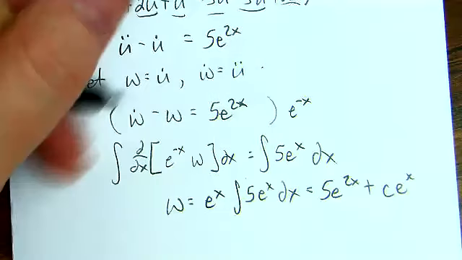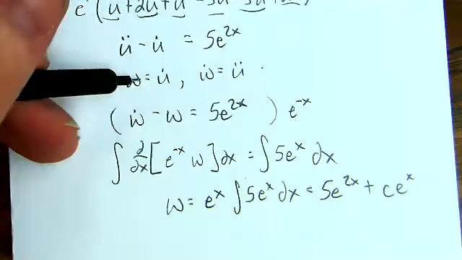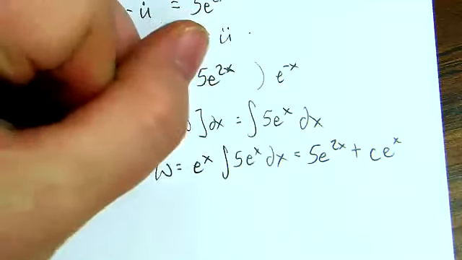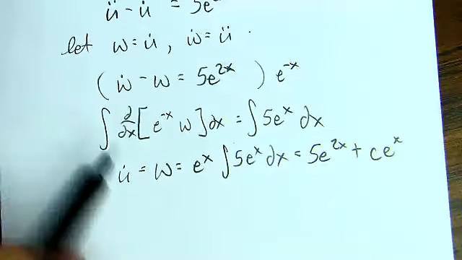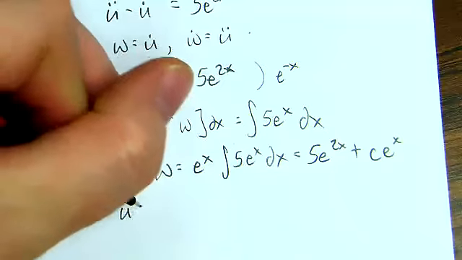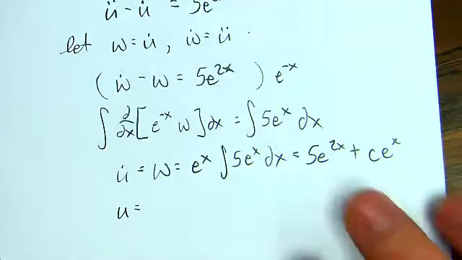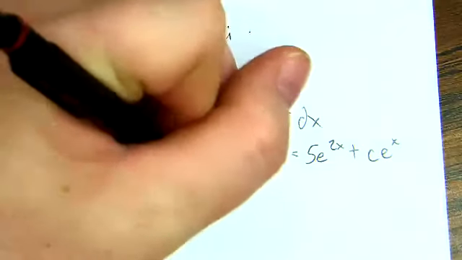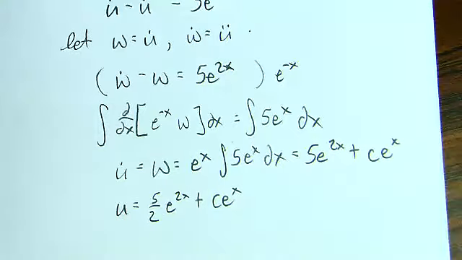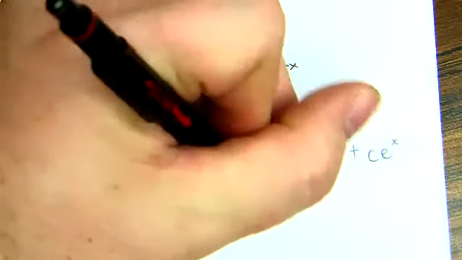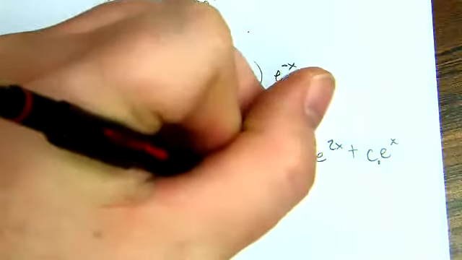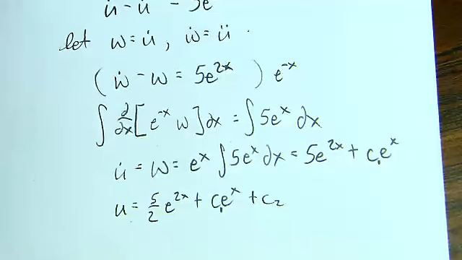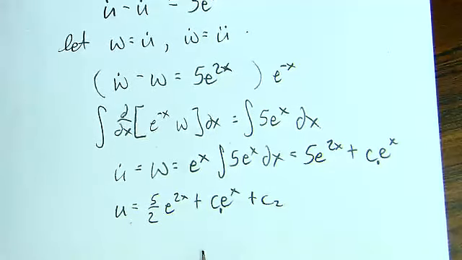But that's w. w is equal to u dot. Now taking the antiderivative of both sides to get u. This is 5 halves e to the 2x plus c e to the x plus a new constant. All right, let's start naming the constants.